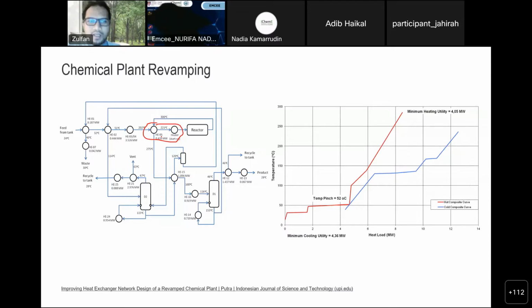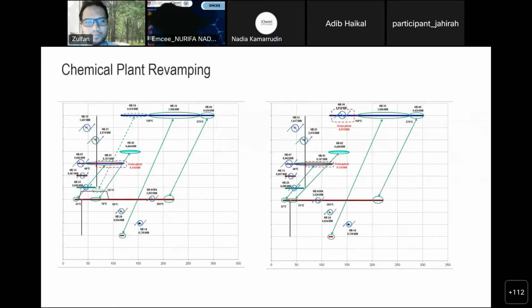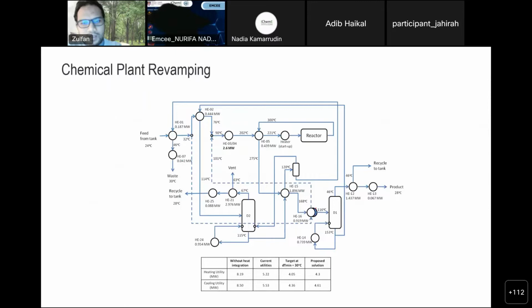And then we could see that if we do all kinds of things like this, this part can be, okay, the one that was not used before, we can make a new piping around it, and then it is being used to recover the energy coming from the reactor.